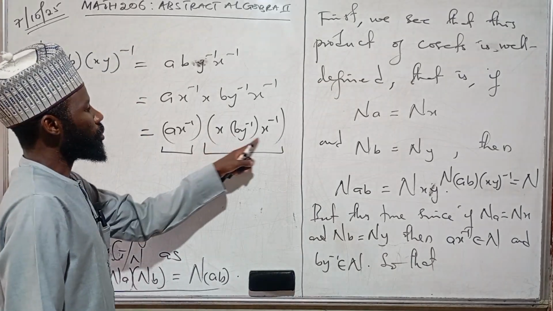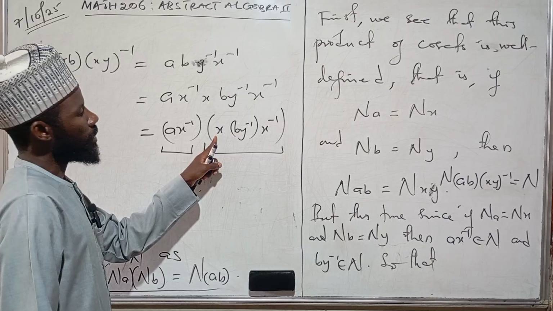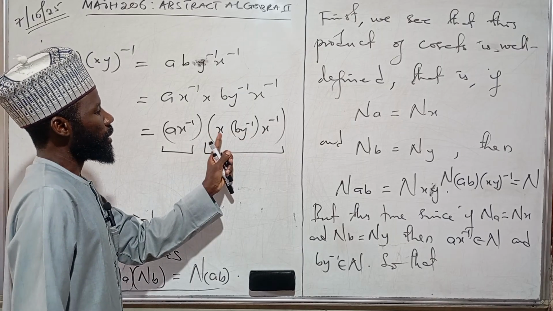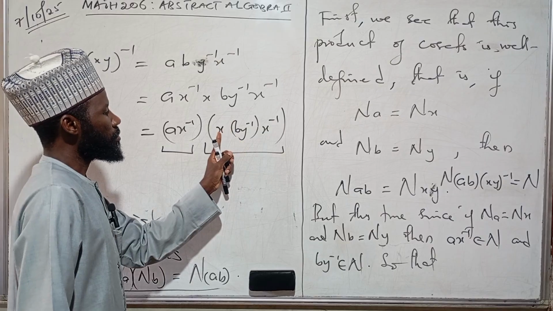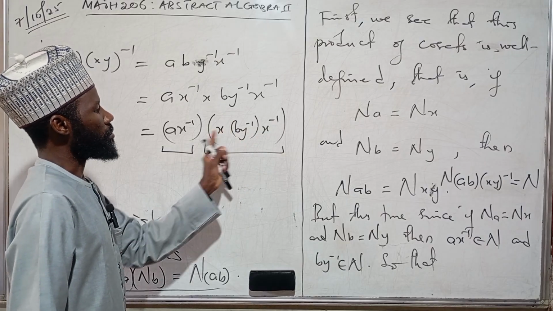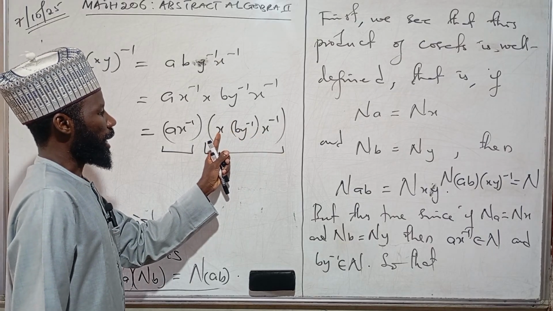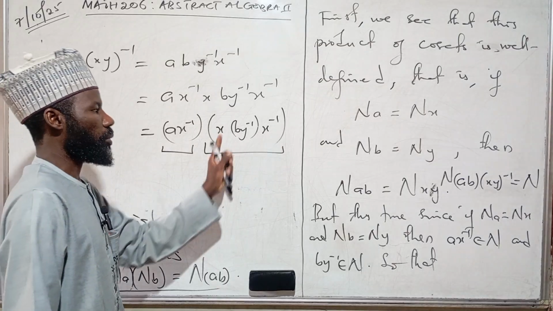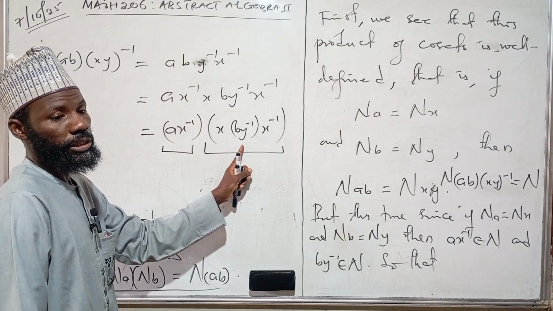So whenever you sandwich an element, taking the conjugate in this way, that is, an element of N multiplied by X with X inverse, where X is coming from the group, this is the requirement for a subgroup to be a normal subgroup.